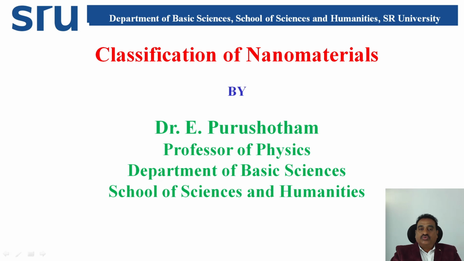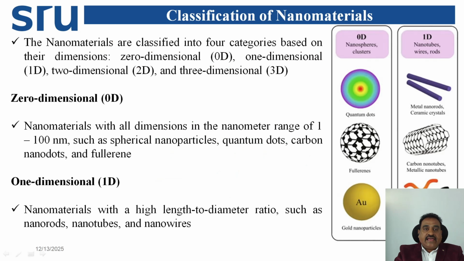Welcome to today's video lecture on the classification of nanomaterials. Nanomaterials are classified into four categories based on their dimensions: zero dimensional, one dimensional, two dimensional, and three dimensional nanomaterials.